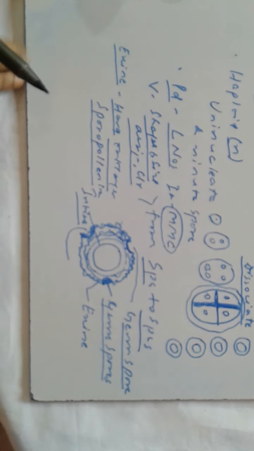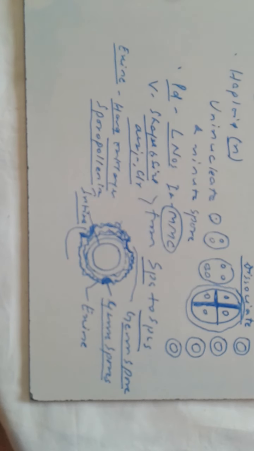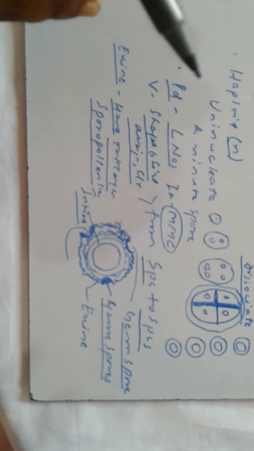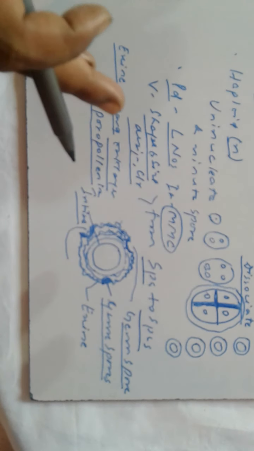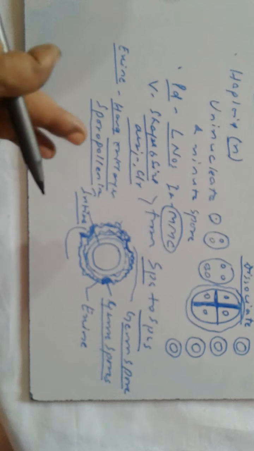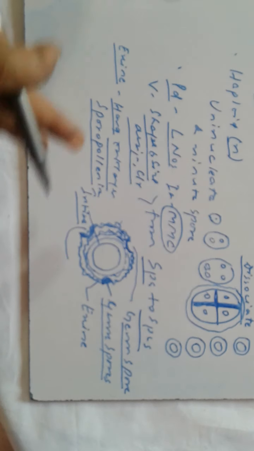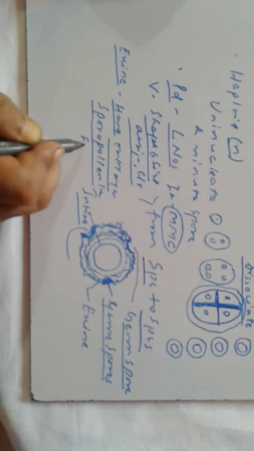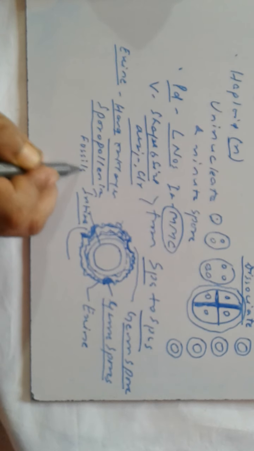What is sporopollenin? It is the most resistant organic material, and even high temperatures, strong acids as well as alkalis don't have any effect on it. So due to the presence of sporopollenin, pollen grains can be preserved as fossils.